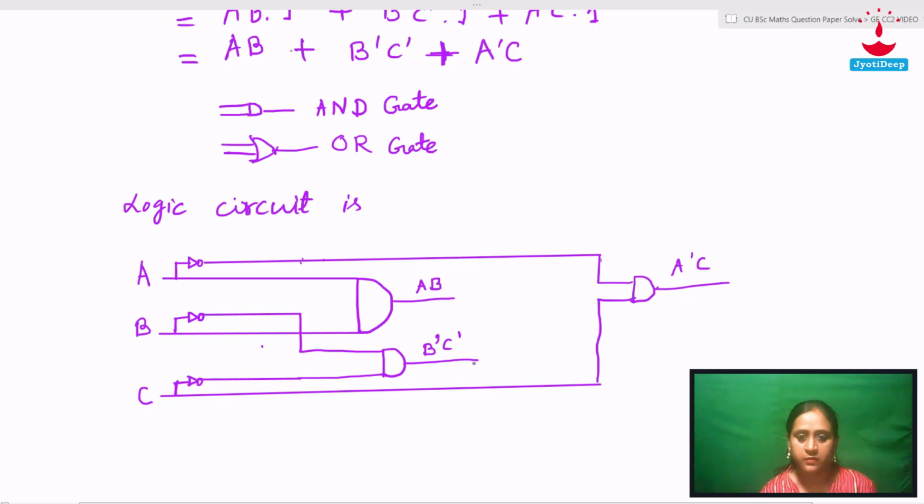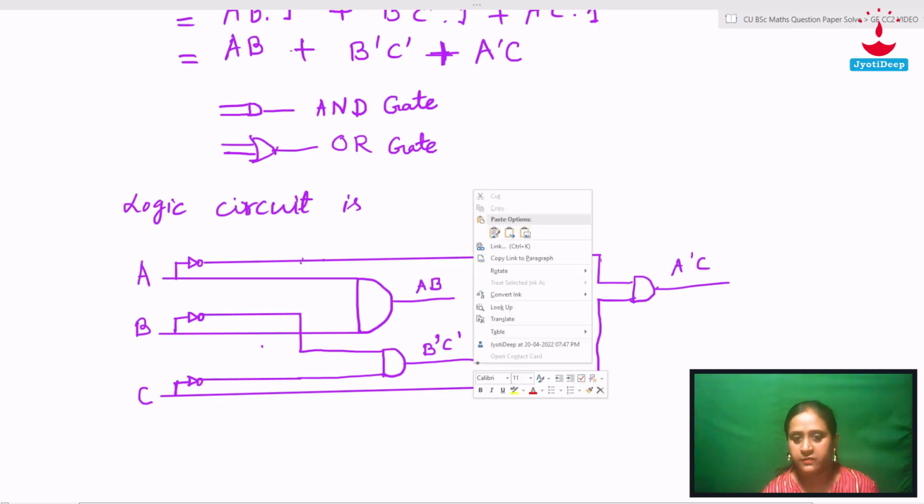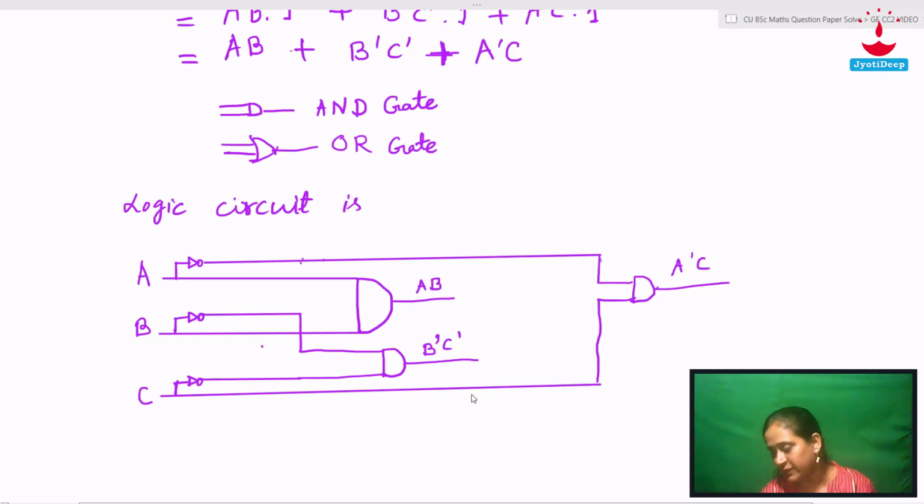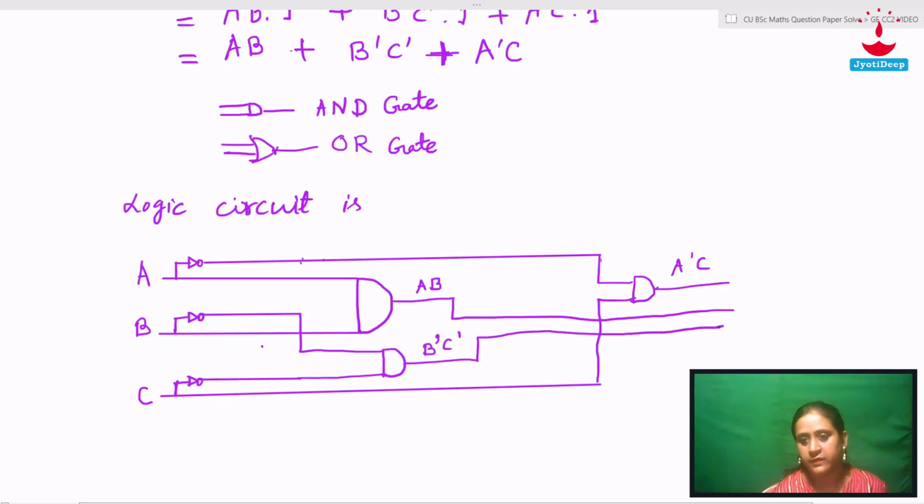Now these two lines. This output should go over here, and this output should also go over here.